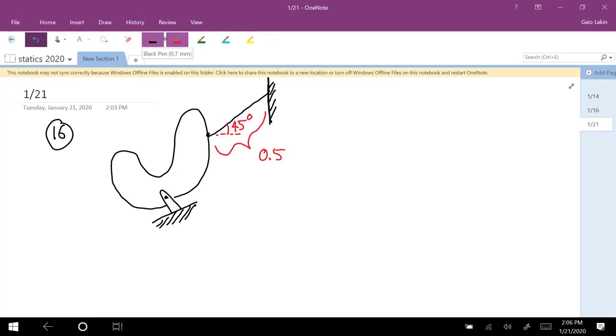And you're given that the coordinates of this point are 0.6, 0.4, and the coordinates of this point are 0.05, 0.2.